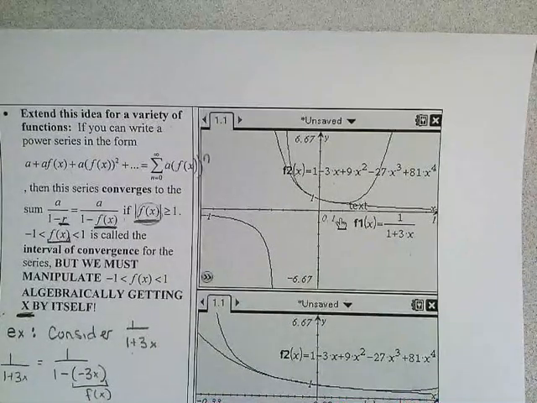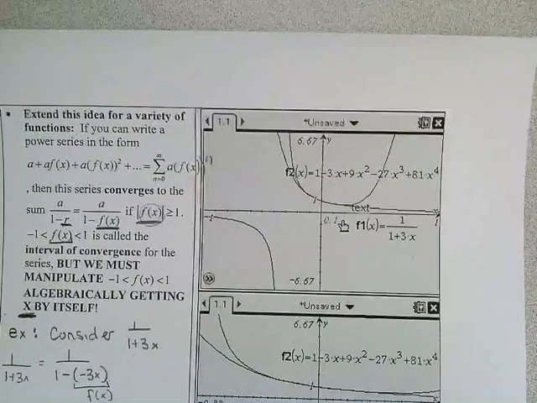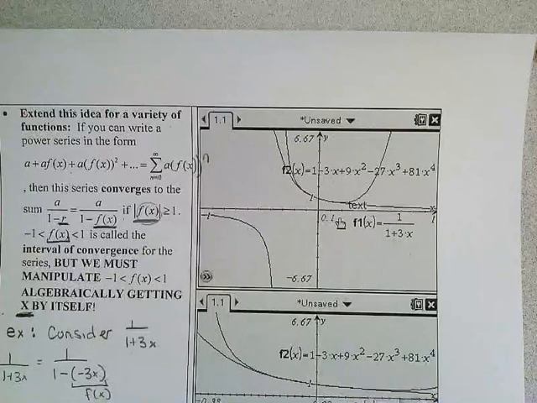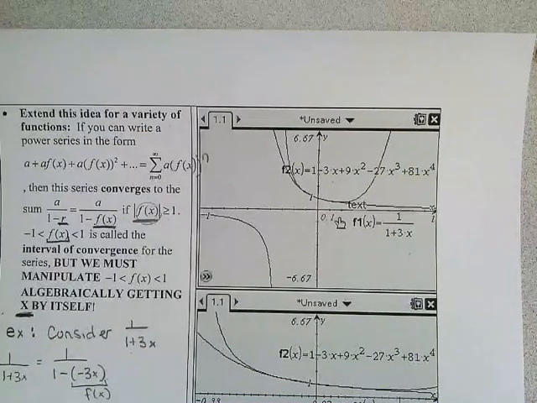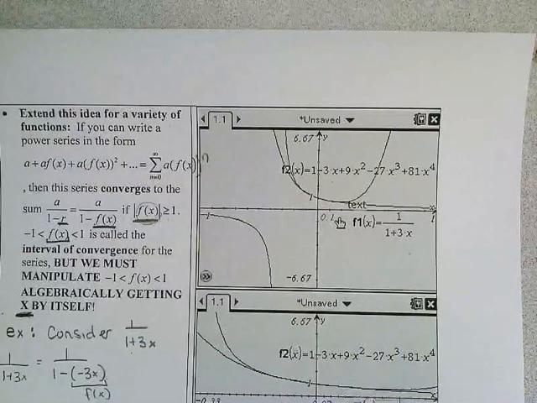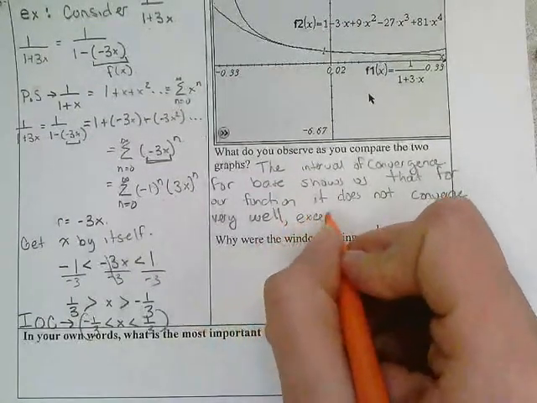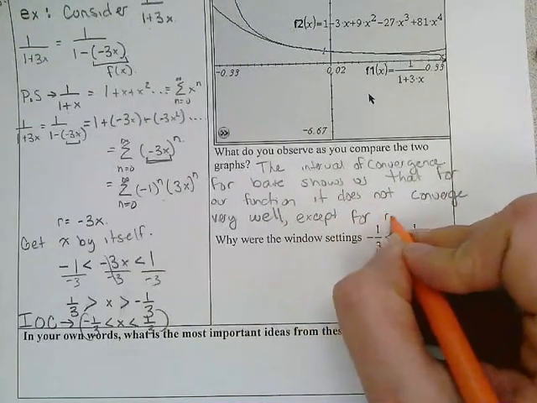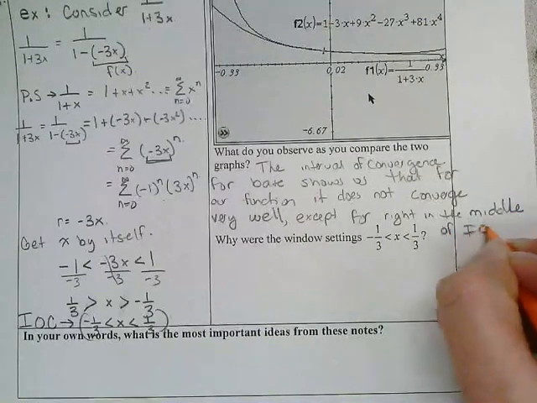The interval of convergence for the base shows us that for our function, it does not converge very well, except for right in the middle of the interval of convergence.